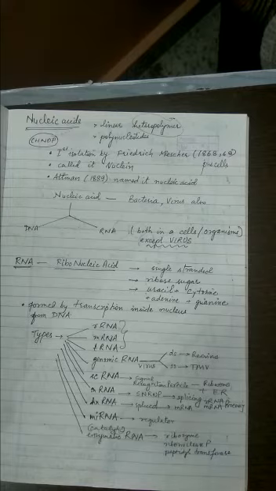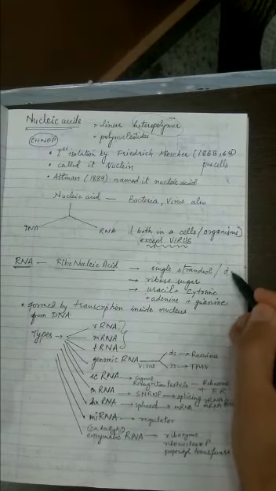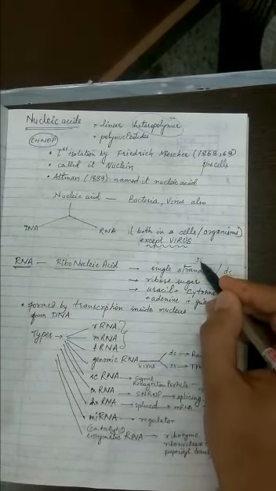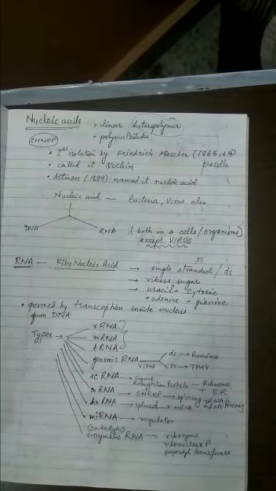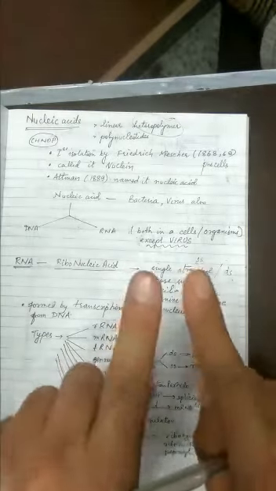Remember, DNA is always double stranded, except for some viruses. So RNA is always single stranded, with one exception. Again, there are some viruses which will have double stranded RNA. You mention SS means single strand, DS means double strand. So RNA is generally single stranded except for some viruses which may have double strand. Double strand means two strands will be there.